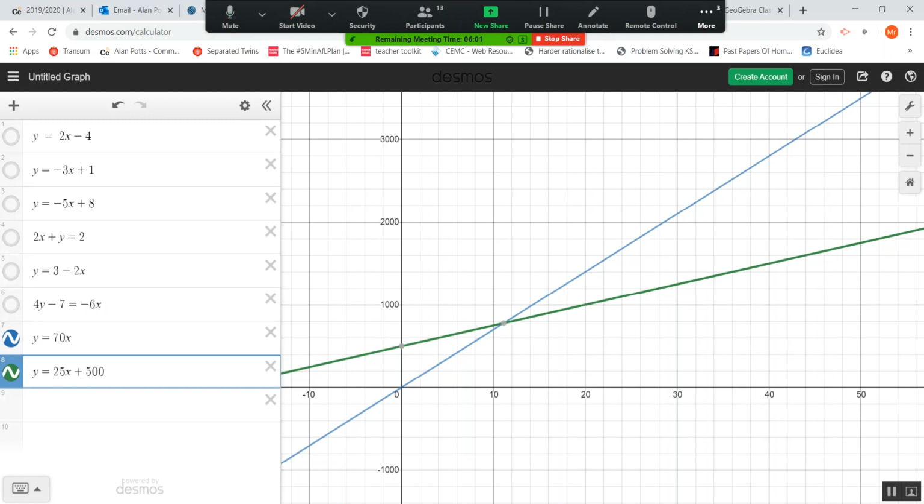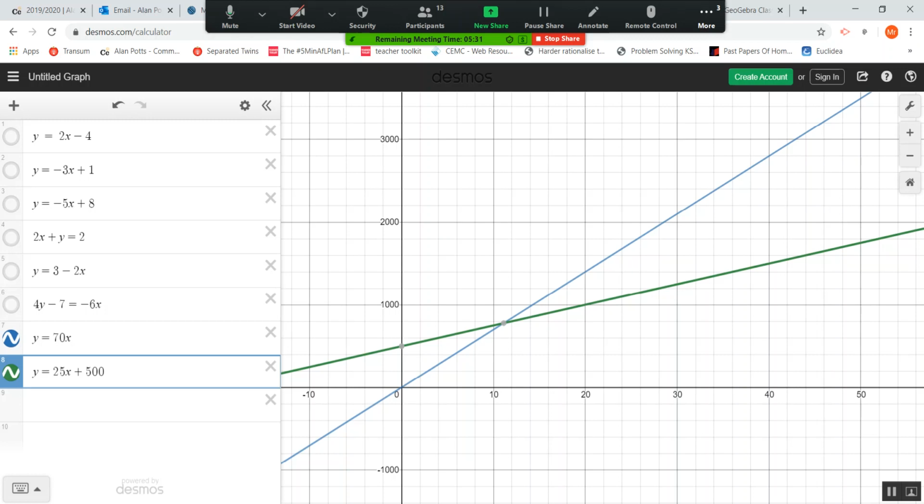Right, what I'm interested in then is these two equations that we've got. What form are they in? Charlie, what form are they written in? Well, we said two options before. We said gradient intercept or standard.